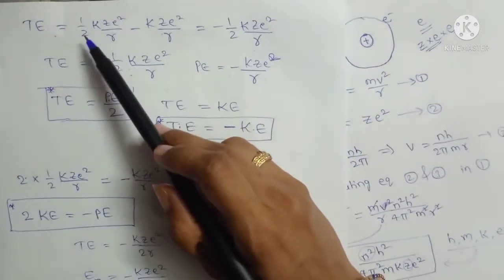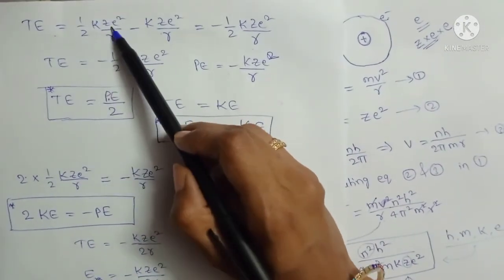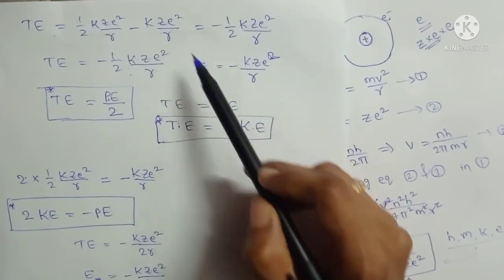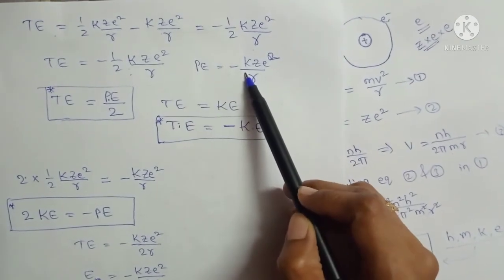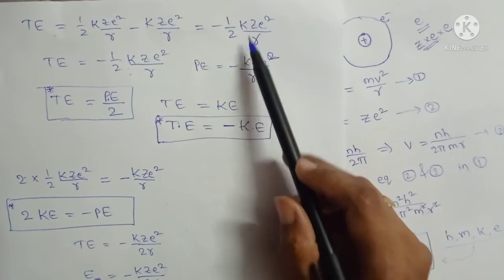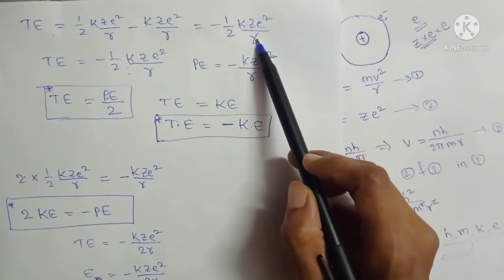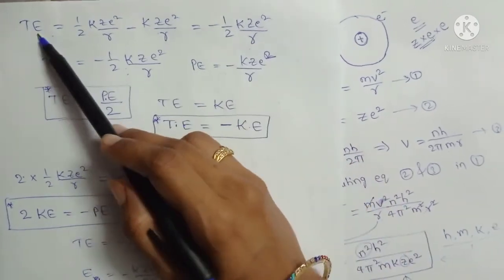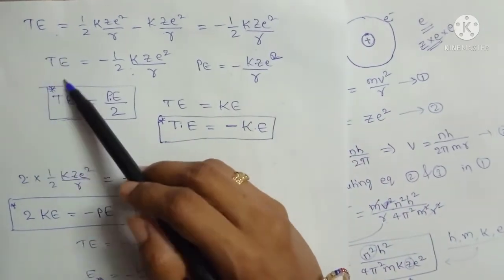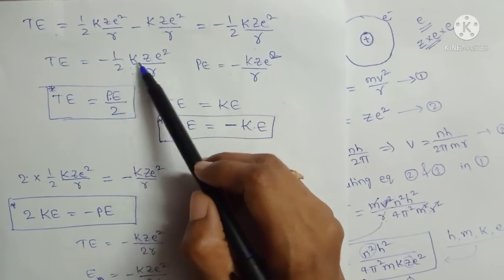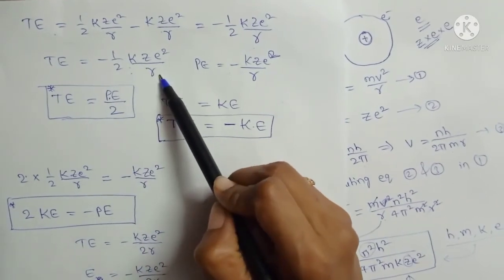So see these three equations. This is the KE equation, this is the potential energy equation, PE equal to minus kZe square by r, and total energy will be minus half kZe square by r. So what is the relationship between these three energies? Total energy equals minus half kZe square by r.